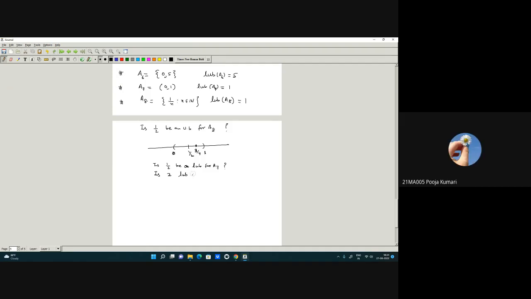The question is, for A7, the open interval 0, 1, is 2 a least upper bound? No sir. Why? Sir, because its least upper bound is 1. No, I am not asking whether 1 is the least upper bound or not. Is 2 a least upper bound or not? Sir, because 1 is less than 2.